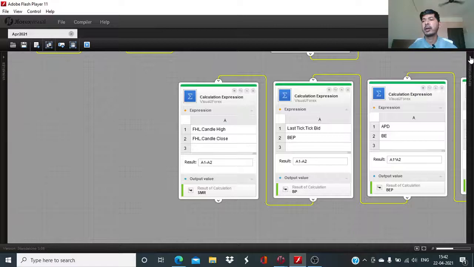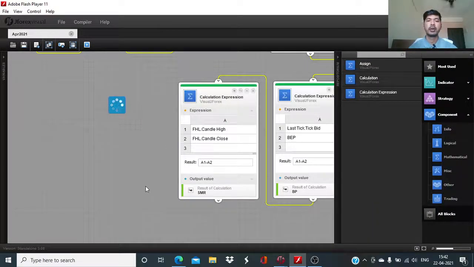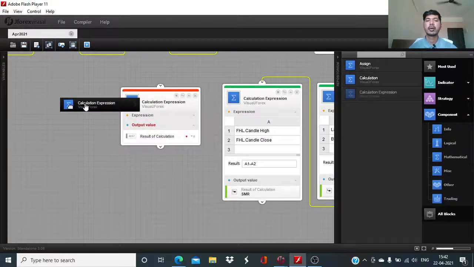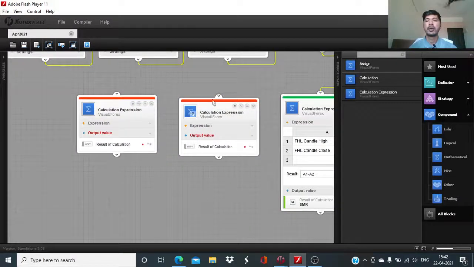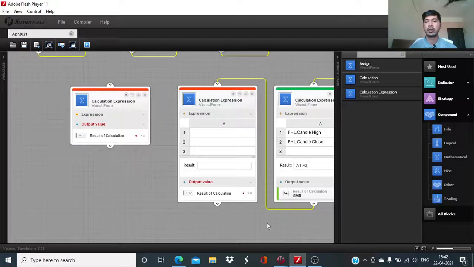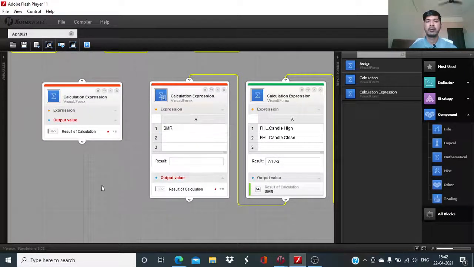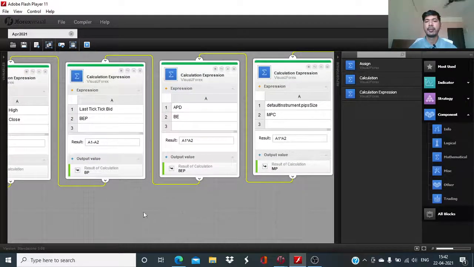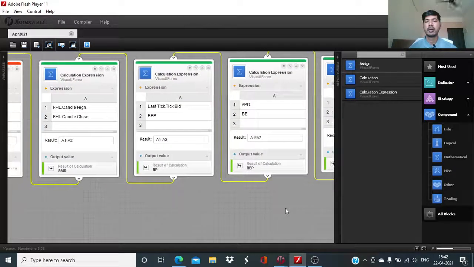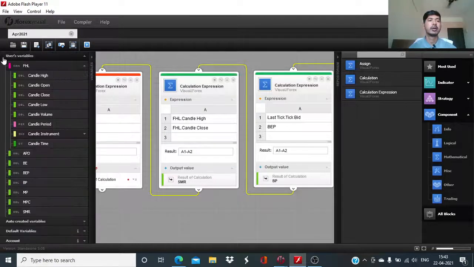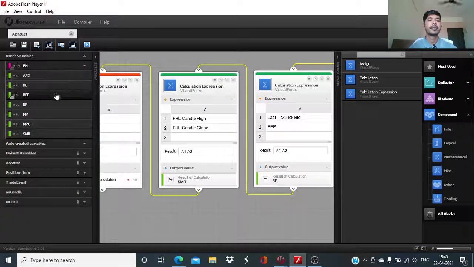For that, again we are going to need to carry out a fresh calculation. I think we will need two calculation expression blocks. Whatever is the difference, we will take 30% of it. We have already defined a variable, BE, which has the value of 0.3.